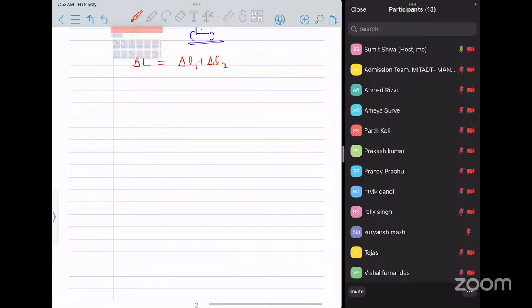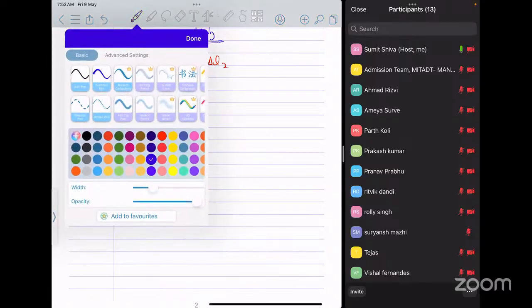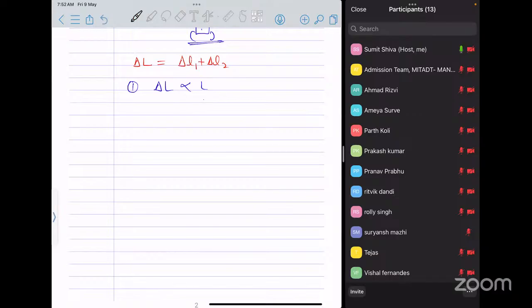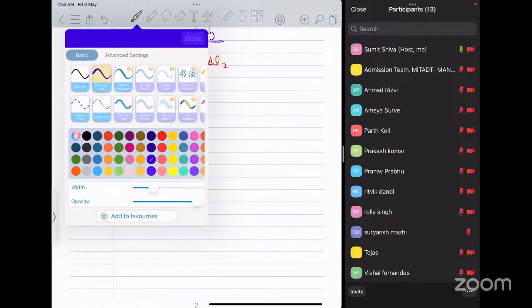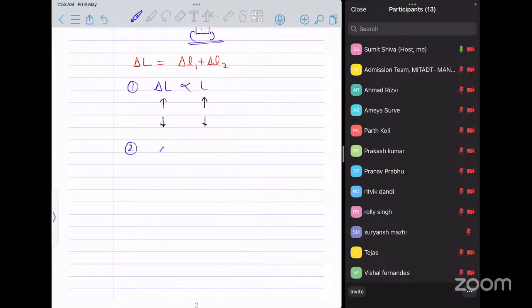The first factor is delta L is directly proportional to L, which implies that if you have a rod with greater length, changes will be greater, and for smaller length, changes will be small. The second factor is temperature.